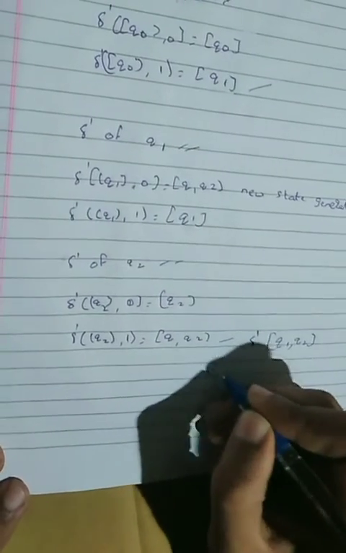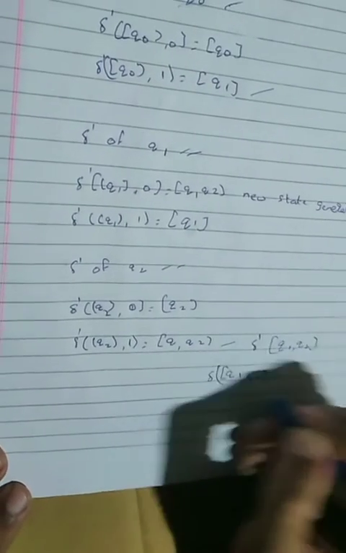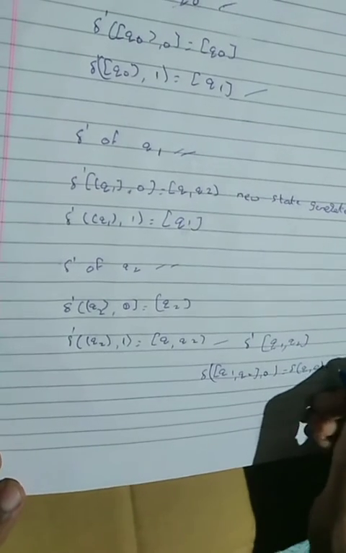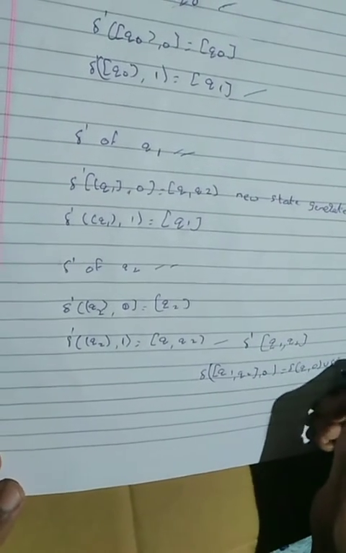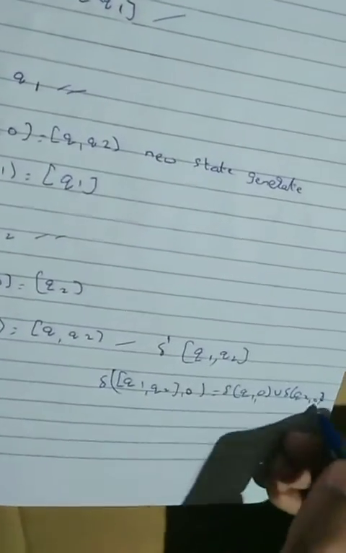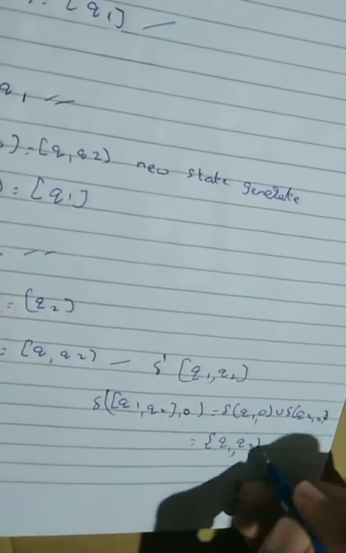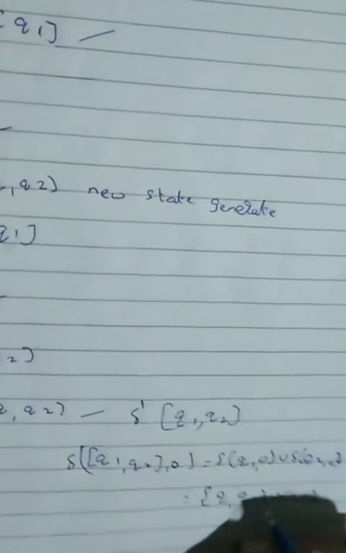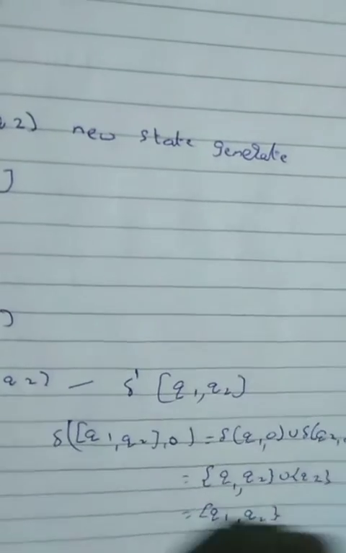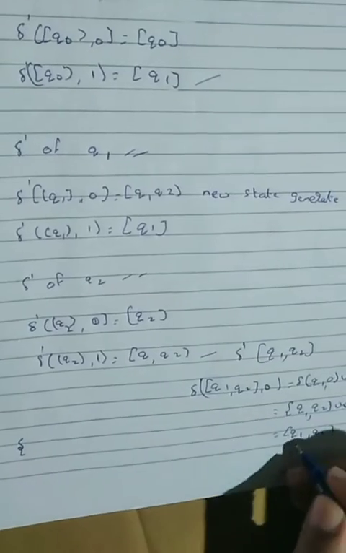Here Q1, Q2 with 0 is the union of the transitions, so for 0 as the input we get Q1, Q2.